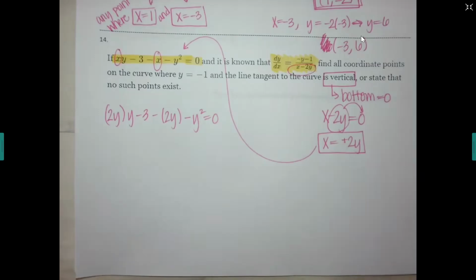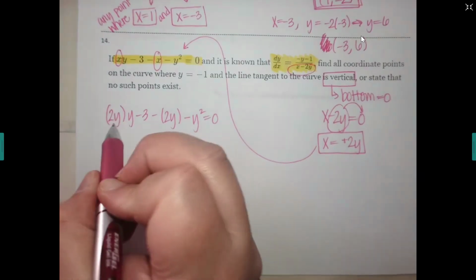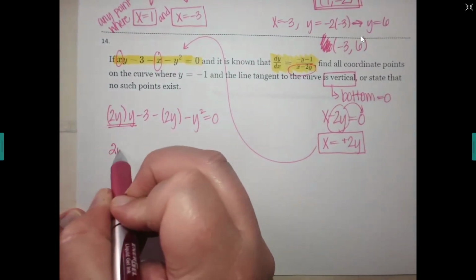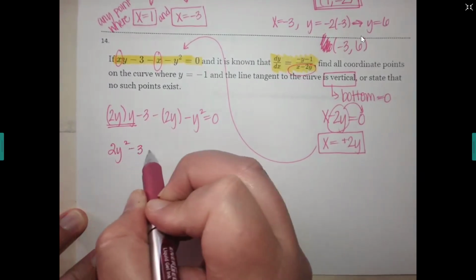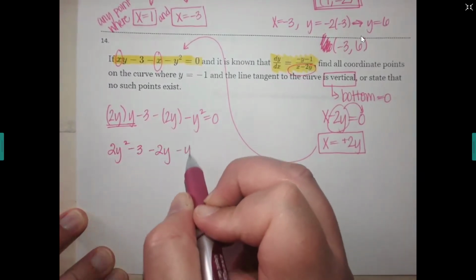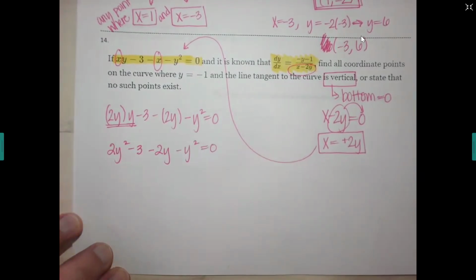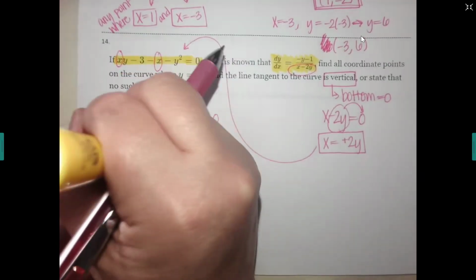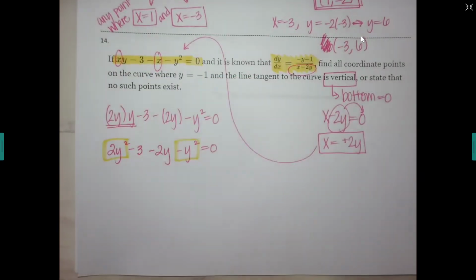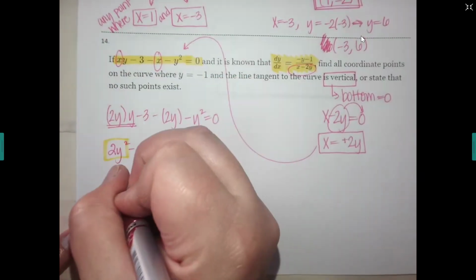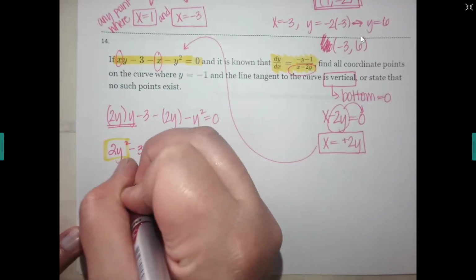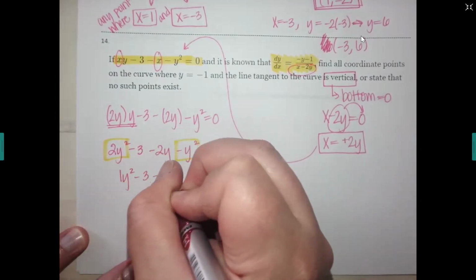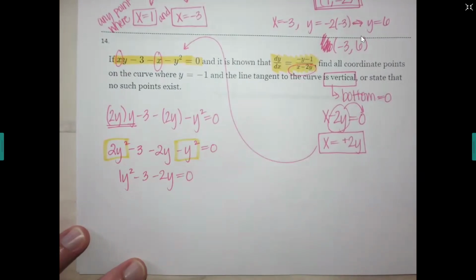Then from there, you're going to combine any like terms and work it down just like we did on number 13. So 2y times y would be 2y squared minus 2y minus y squared equals 0. We're looking for our like terms. So if I have a 2y squared minus a y squared, that'd be 1y squared, minus 3, minus 2y.